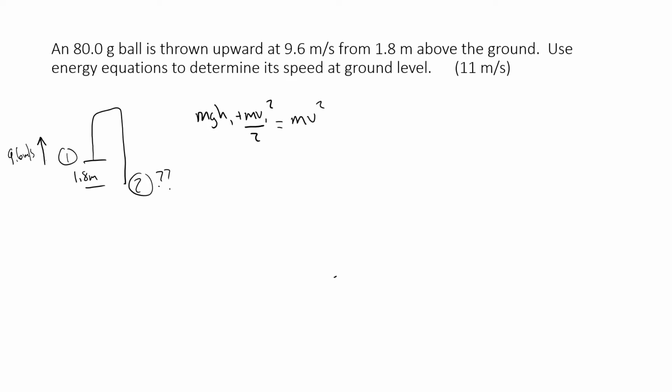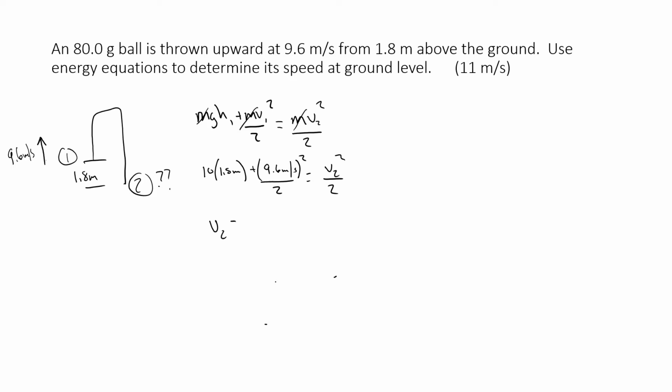So all our energy at the beginning has been converted from gravitational and kinetic to just kinetic. So then it just becomes a simple matter of plug and chug everything in. We don't care about the mass of the ball, that doesn't matter. So we'd have 10 times 1.8 meters plus 9.6 meters per second squared over 2 equals v2 squared over 2.